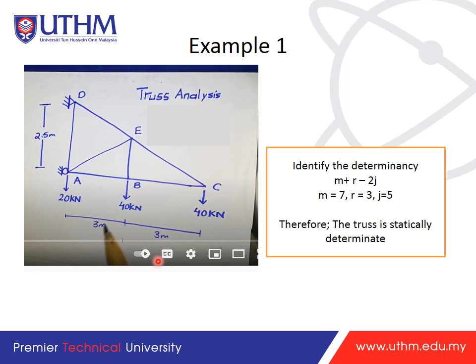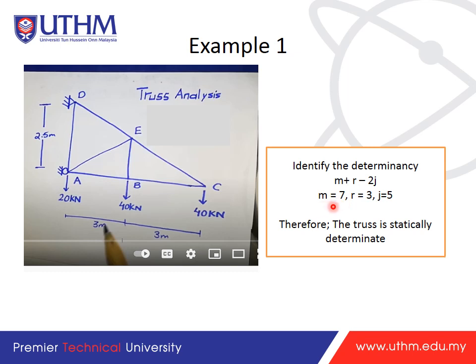We try to look at an example. This is the truss given, and we have the external loads here. The first thing to solve using the alternative method is to know the determinacy. First of all, you need to identify the determinacy of the truss using the equation m plus r minus 2j.